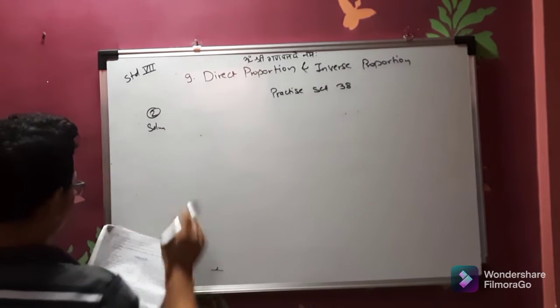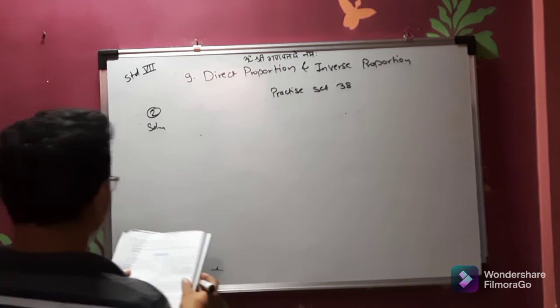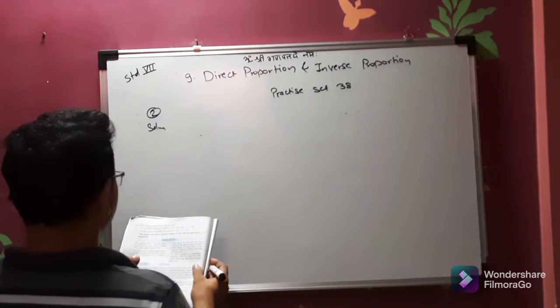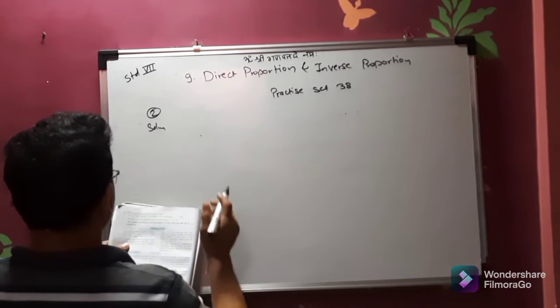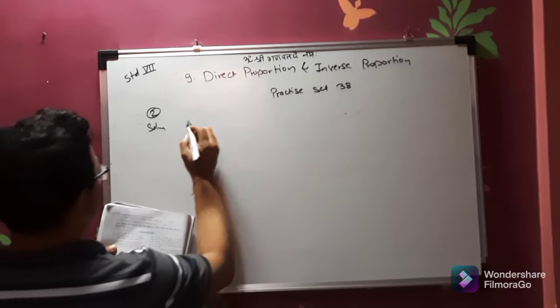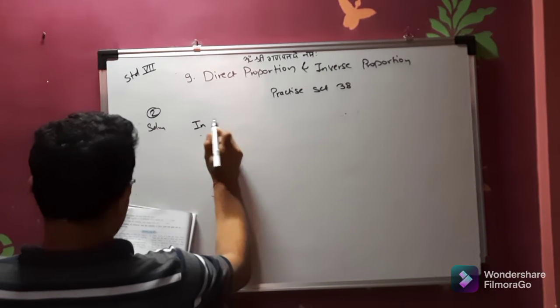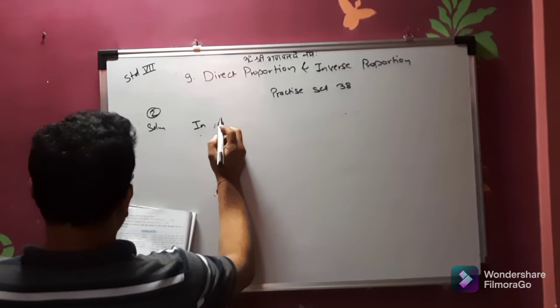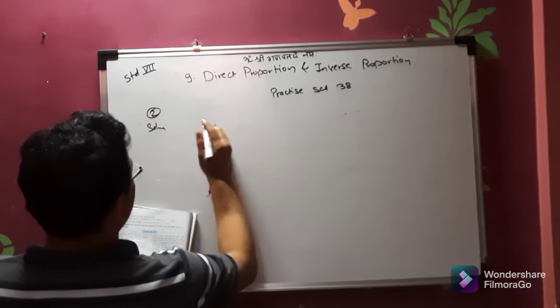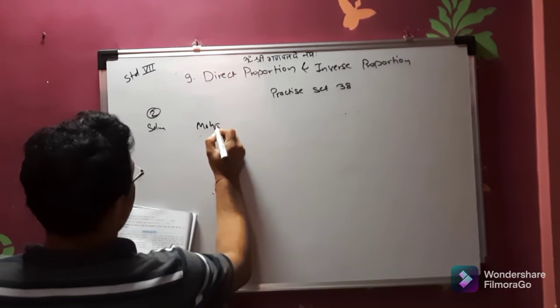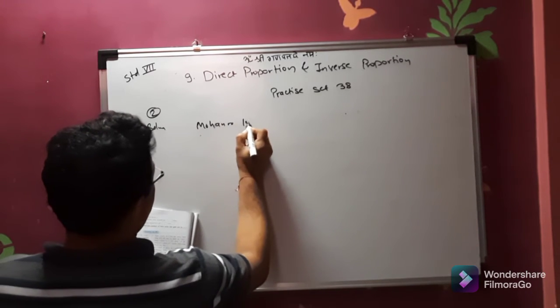What is the solution? Mohan Rao took 10 days to finish a book, reading 40 pages every day. Mohan Rao took 10 days.